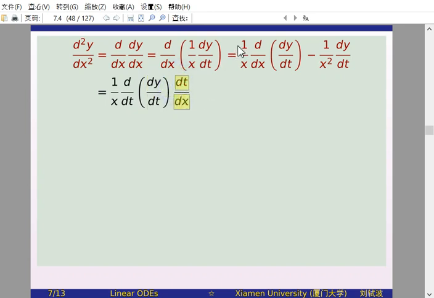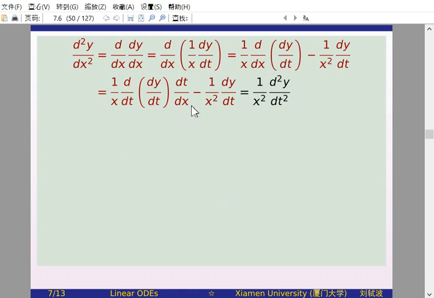So this first term, by this law, is transformed into this term. And we copy the second term here, and now this is precisely the second order derivative of y with respect to t. Then dt/dx is 1 over x.